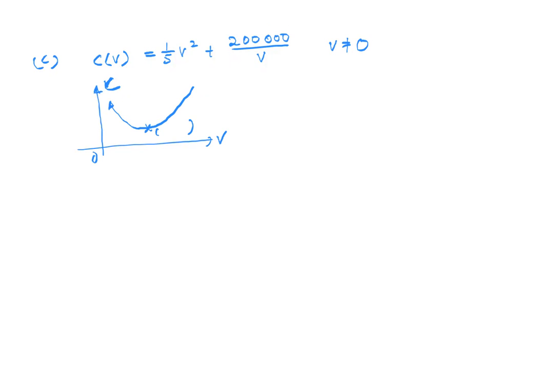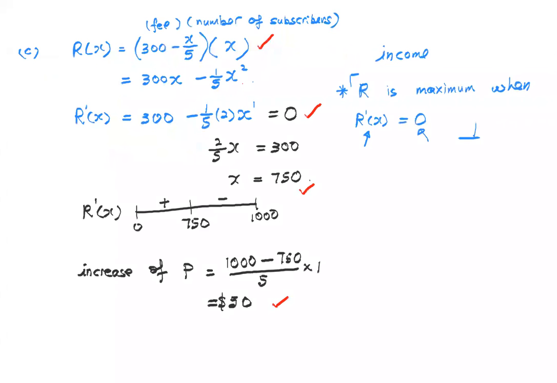For part C, it doesn't mean that you must use calculus, because the question says, at what speed will the cost be a minimum? You can just draw the graph and give the answer. So it depends on the question. Like our question just now, do I need to go through all this? I also don't have to. I can just draw the graph and give the answer.